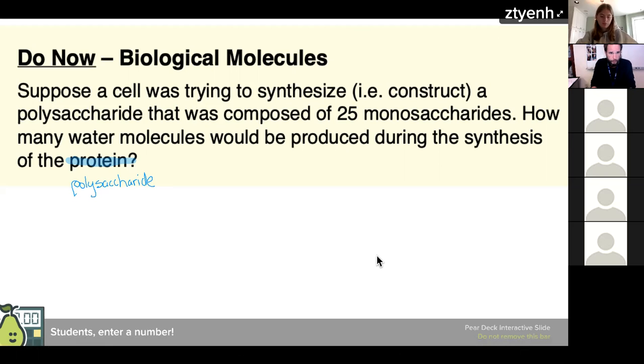Different way of thinking about it. If we took two monomers and we linked them together, we get out a molecule of water. If we linked 25 monomers together, how many molecules of water would we produce as a product?